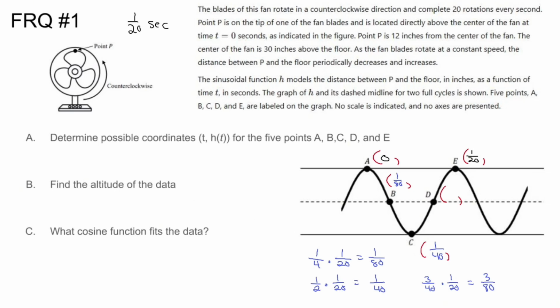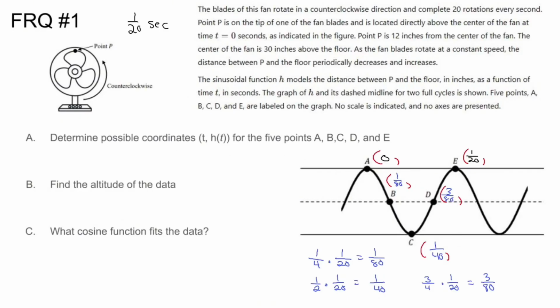And I don't know why I put a 40 there. Silly me. Let's erase it. Got my mini eraser out, so let's see if I can do that without destroying too much. All right. So let me quickly write that out, 3/80ths. So we have our t values.